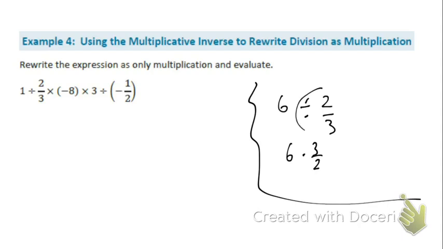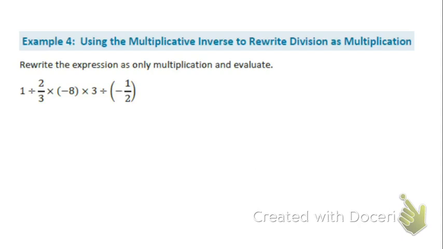Because remember, dividing, you got to change it to multiplying and then flip it, right? So what we're going to do with all these problems is kind of like the way we rewrite our addition as adding the opposite. We're going to change the division. Remember, 1 divided by 2/3 is the same thing as 1 times 3 over 2, alright? Whenever I divide, I change to multiplying and do the reciprocal when it's fractions.